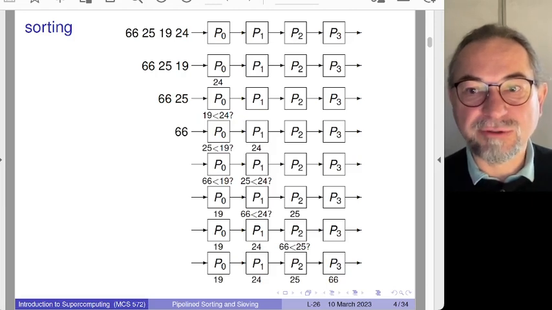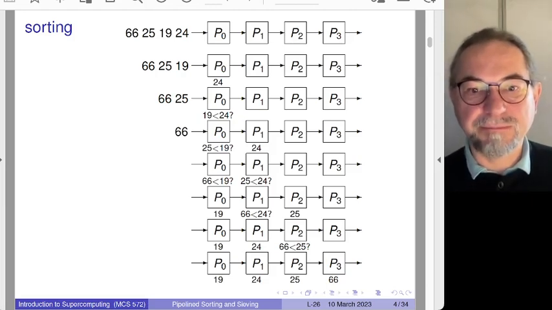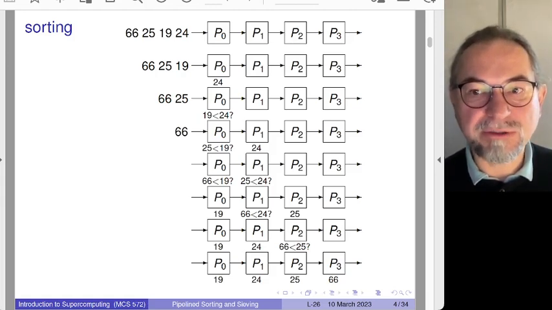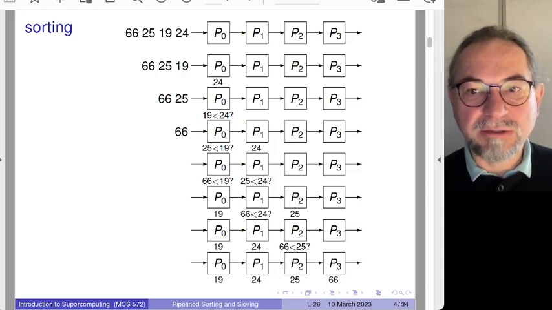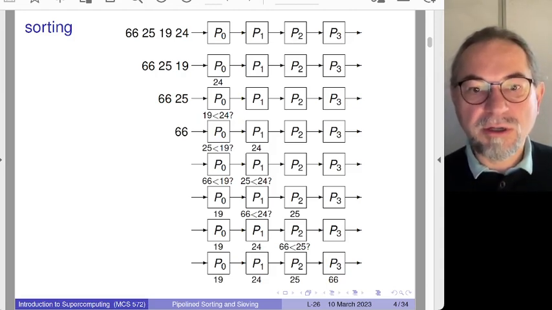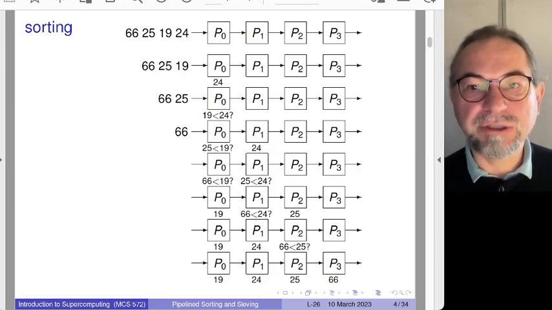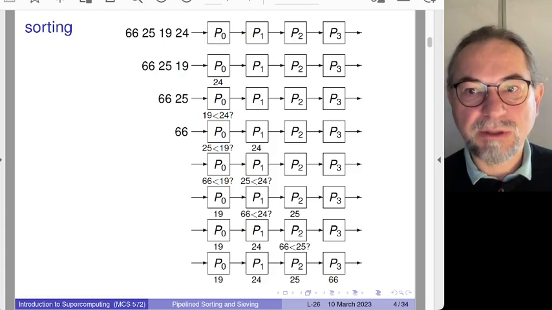So here I sorted only four numbers, but you could see that every processor will essentially maintain a bucket of numbers. The bucket of numbers, when it is full, will be sent in chunks to the other processors.